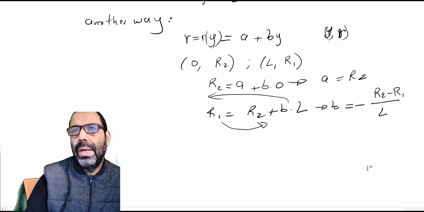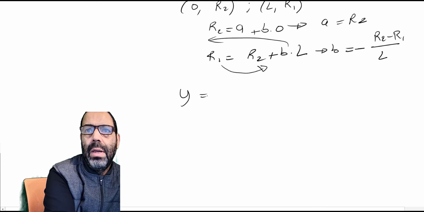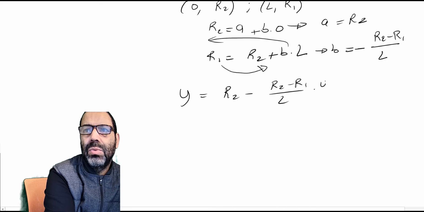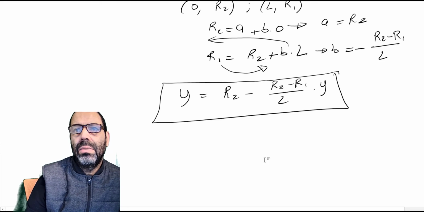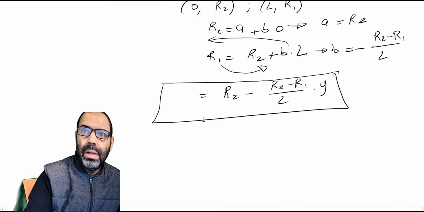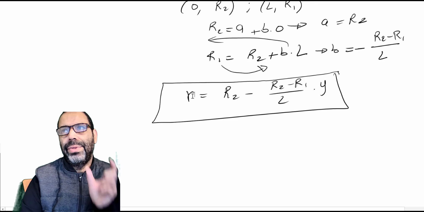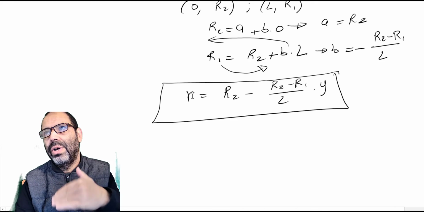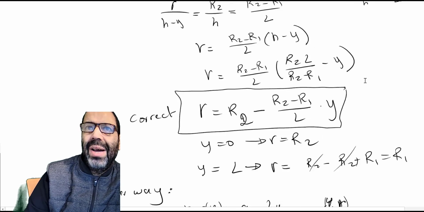But the point here is that I recover the same expression: r equals R2 minus (R2 minus R1) over L times y, which is what I really wanted to find last time around. Why is it y? This is r actually. This is what we want: R, the radius, as a function of the height, which is exactly how it's supposed to be. So now we have that.